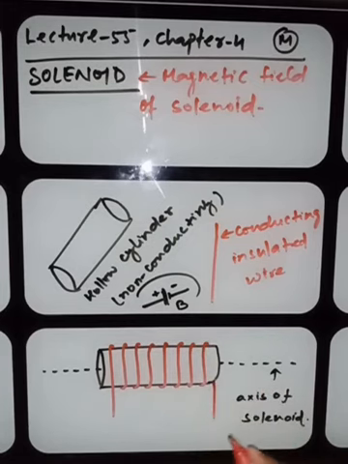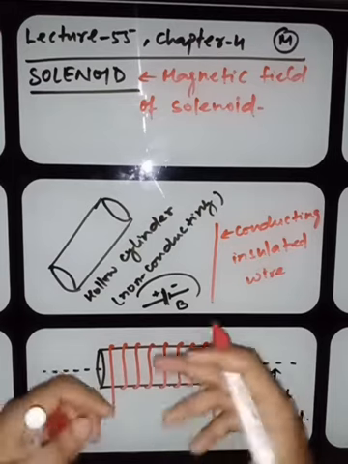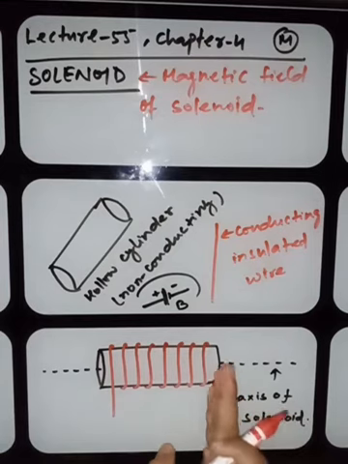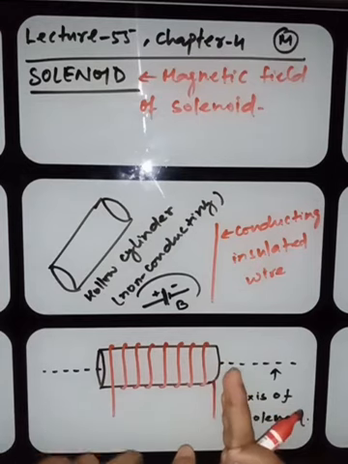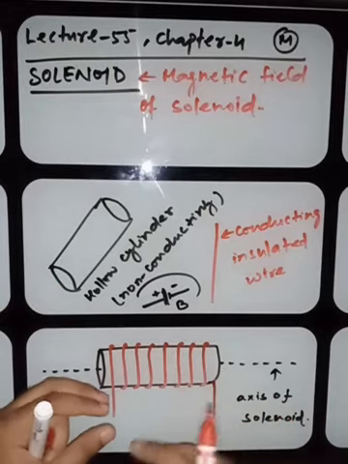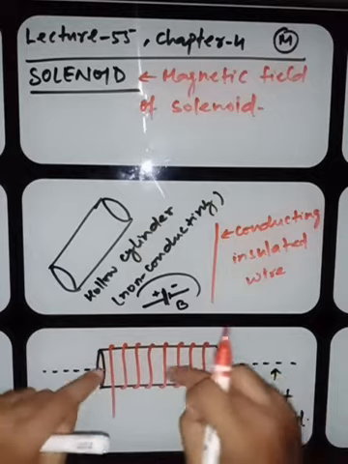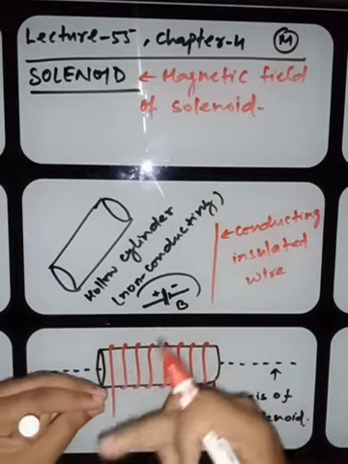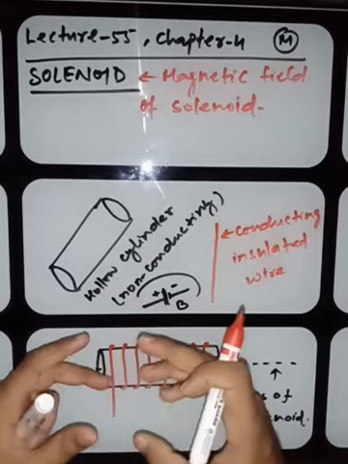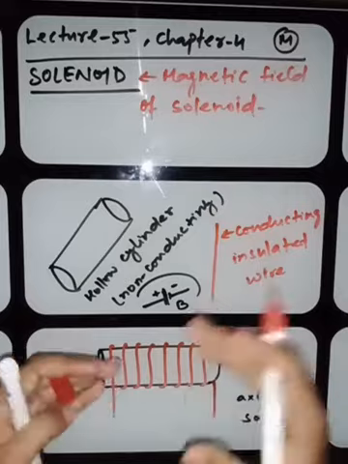But if the length is finished and you want to increase the magnetic field further, then you give a second layer of turns over this turning. The second layer, the third layer; this will be mentioned in the question.